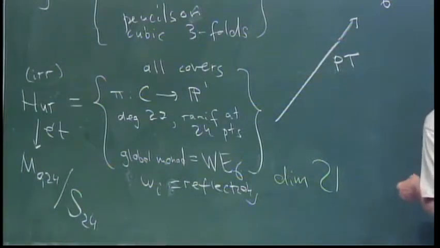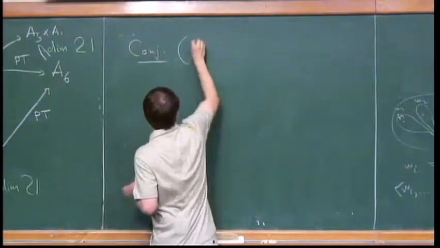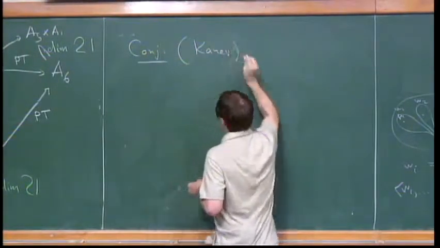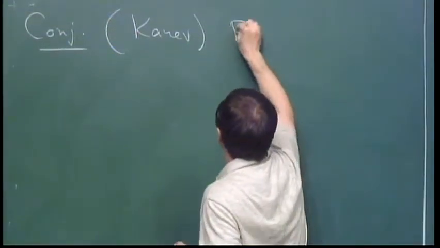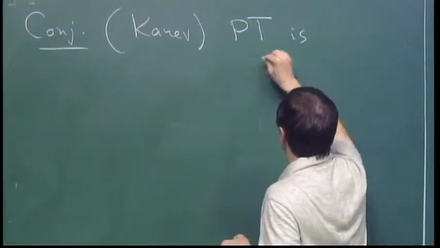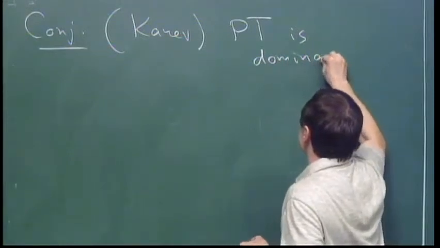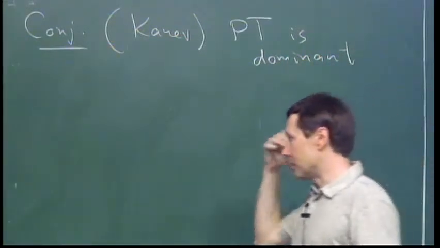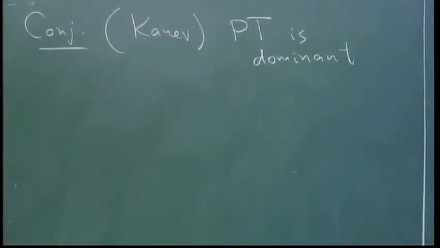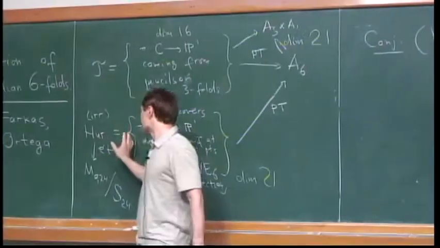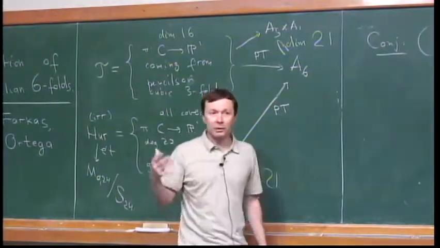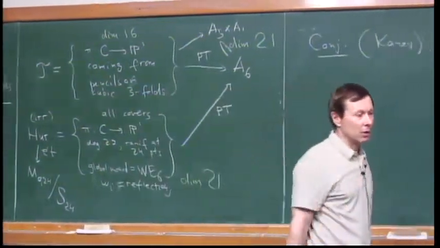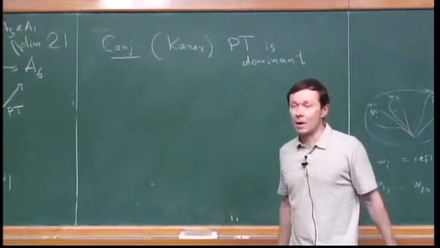And so a conjecture of Kanev is that this map is dominant. And therefore, you can parameterize your abelian sixfolds by curves with extra data in this way. So you can consider this Hurwitz scheme to be like a master space for all abelian sixfolds.